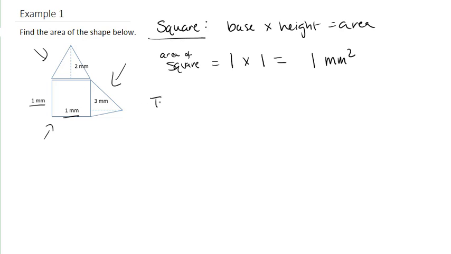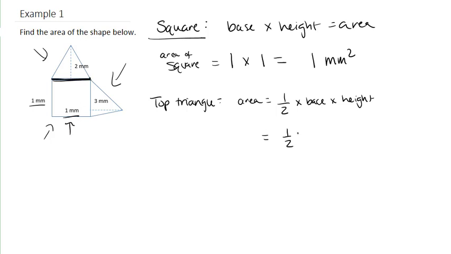Next, let's do the top triangle. Now we remember that to find the area of a triangle is 1/2 times base times the height. So this would then be 1/2. Now this base is just 1 millimeter.